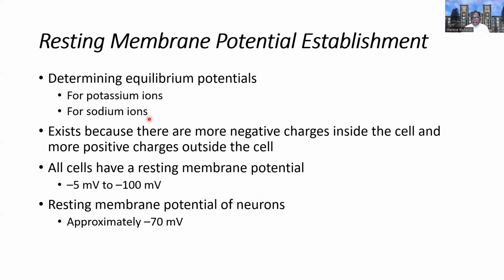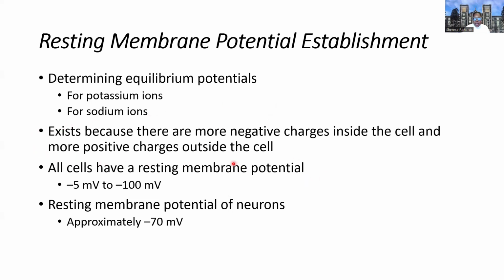So that doesn't mean that calcium isn't moving, chloride isn't moving. They are, but the most prevalent or most influential ions on the resting membrane potential are sodium and potassium. And so thinking about the equilibrium potentials for these two ions is really important in understanding how the resting membrane potential comes about.